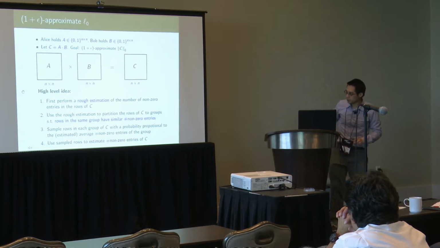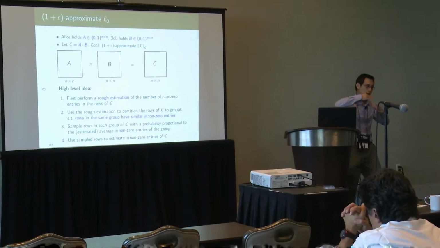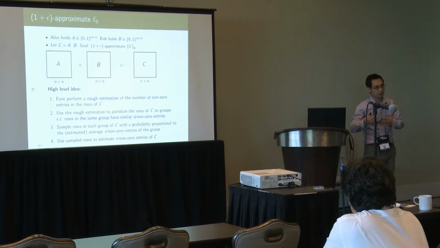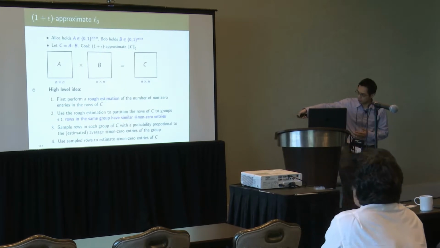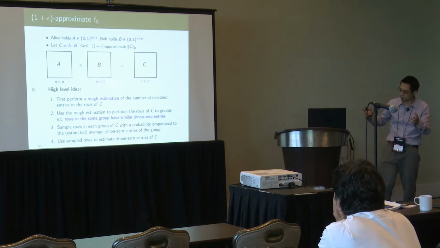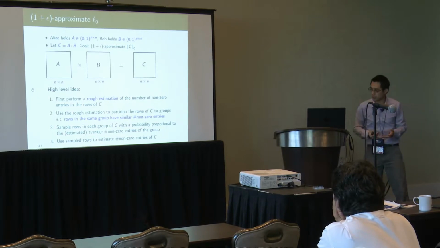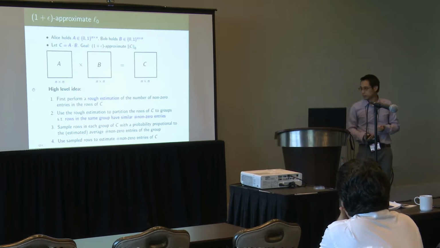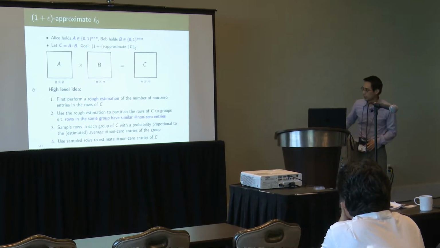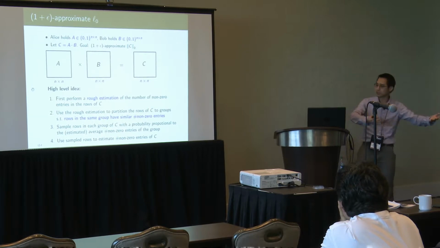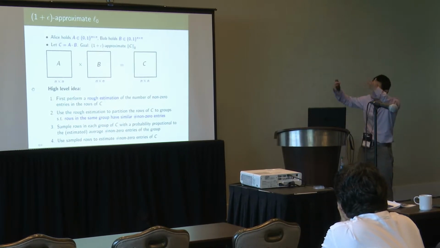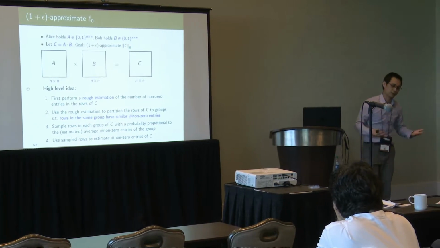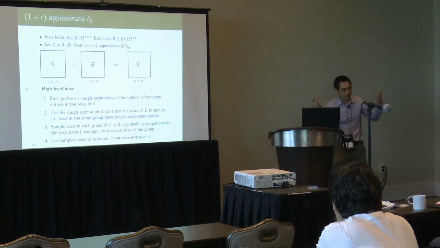Then we sample rows in each group with a different sample rate. The sample rate for a row in one particular group is proportional to the average number of non-zero entries of this group. Then Alice samples those rows and sends them to Bob, and Bob sums up the sampled rows and scales back. So this is the high-level idea.